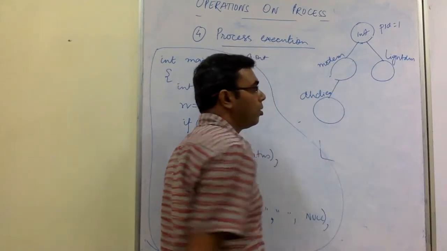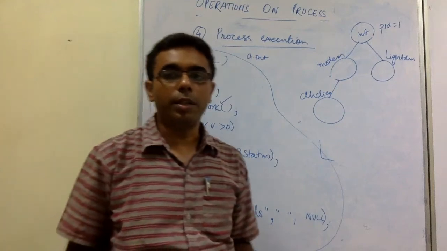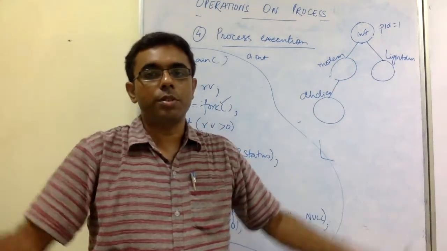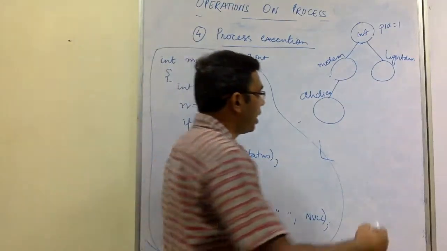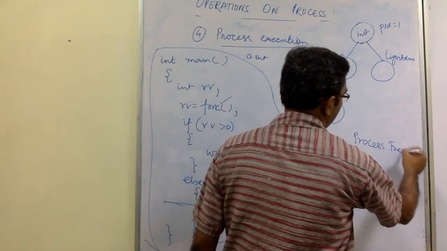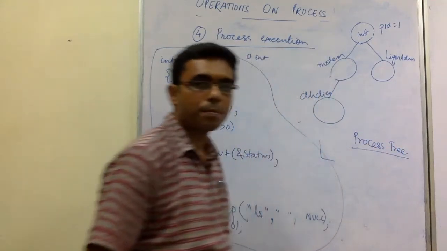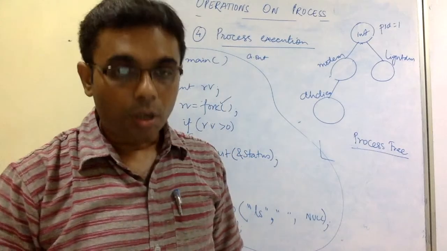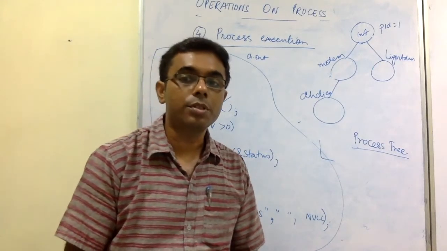So you see how one process gives rise to another, and gradually you have a lot of processes which get created, and this is what we call the process tree. So this is the way in which you create a process tree in Linux.